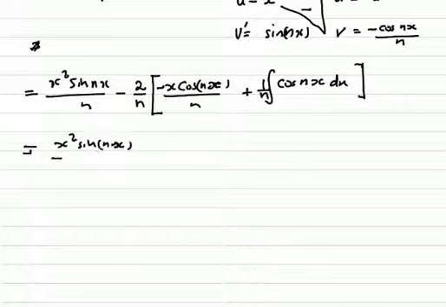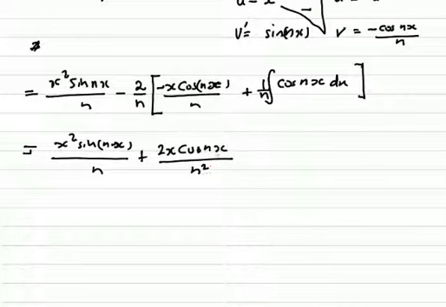Then our final integral will look like x squared sine nx over n. Now removing the brackets, minus and minus will give us a plus. Then we've got 2x cosine nx all over n squared. Then the integral of course is sine, because cos is a derivative, but you divide it by the derivative of the argument, which will give us n squared, and this n here will give us n cubed.